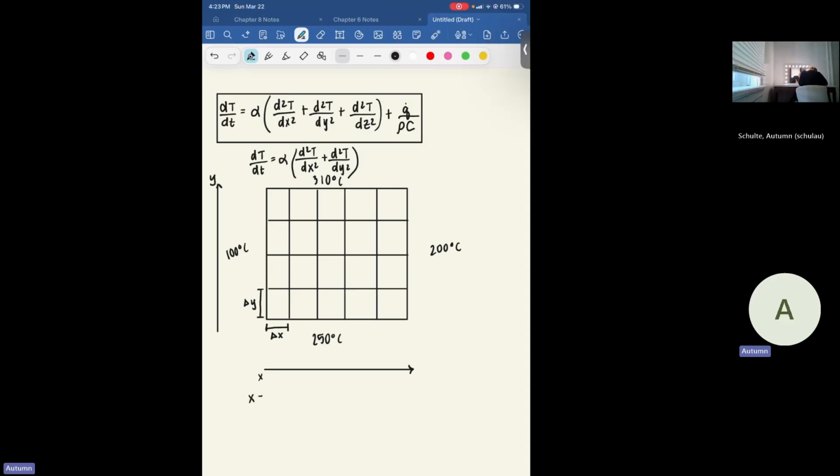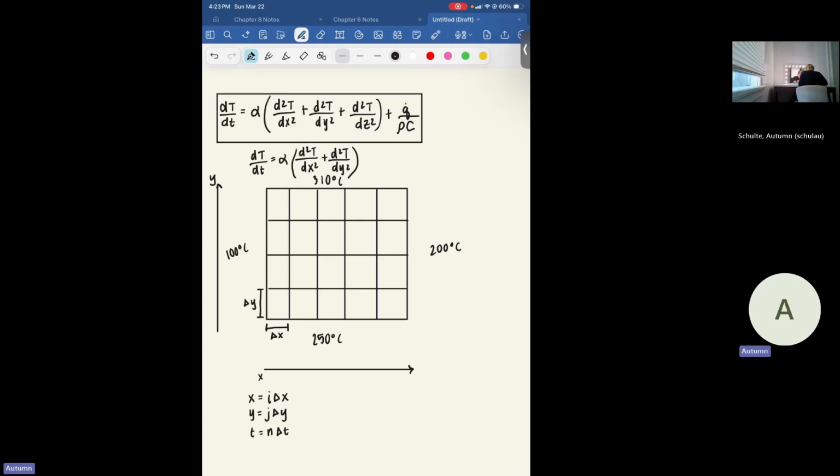So for x, our position at x can be noted as our counter for x, i, multiplied by delta x, this change in position. Similarly for y, our counter is going to be j multiplied by delta y. And then for our time, we're going to have a counter of n multiplied by some delta t.